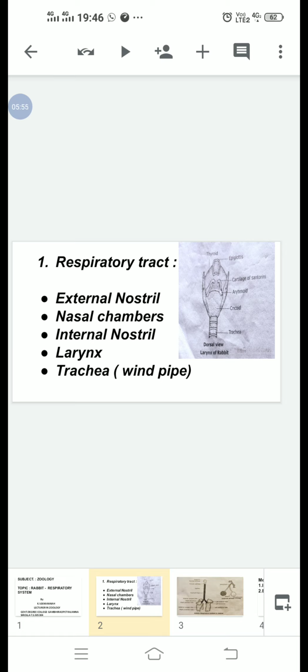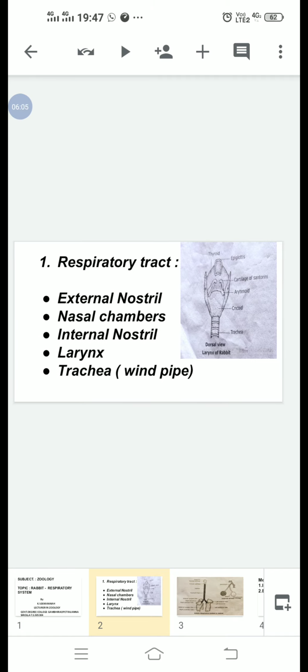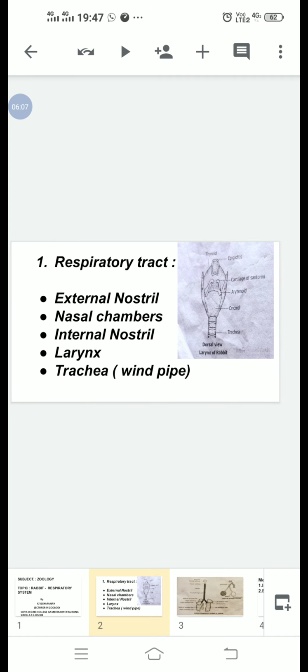The floor of the pharynx has a slit-like opening called glottis. It is guarded by a bilobed flap called epiglottis.